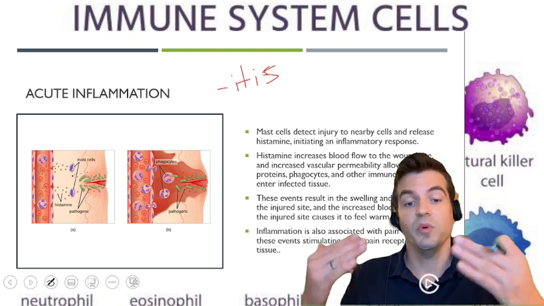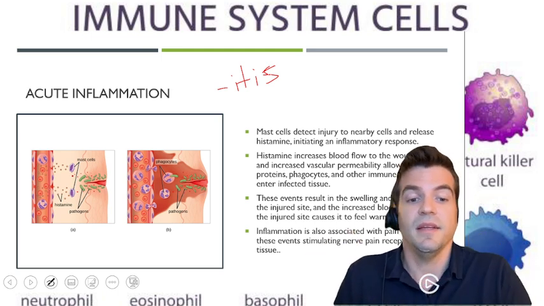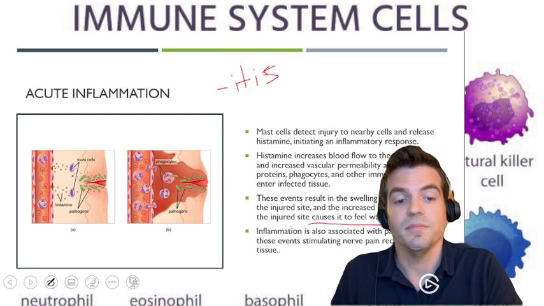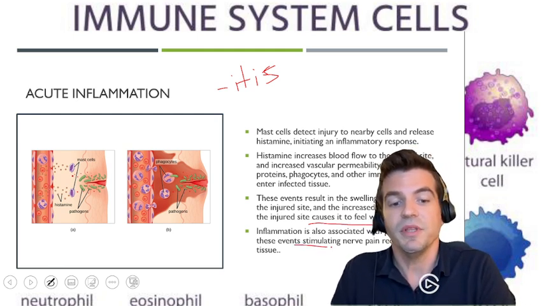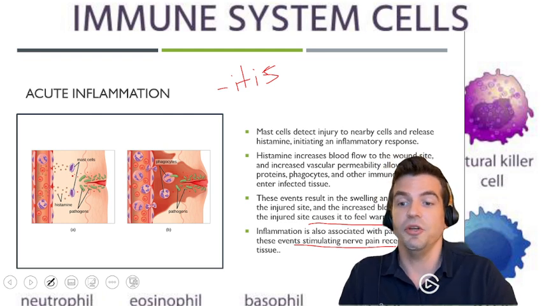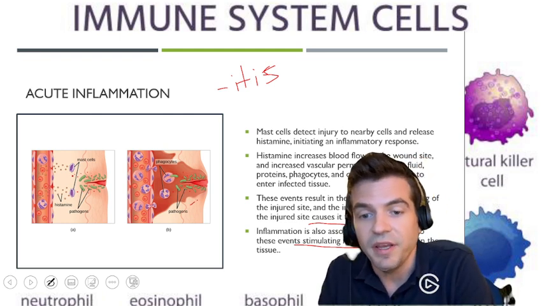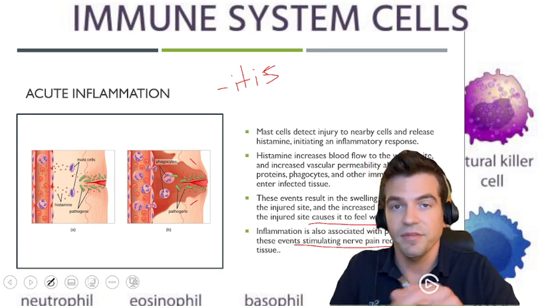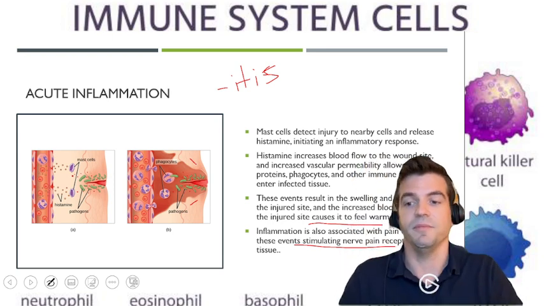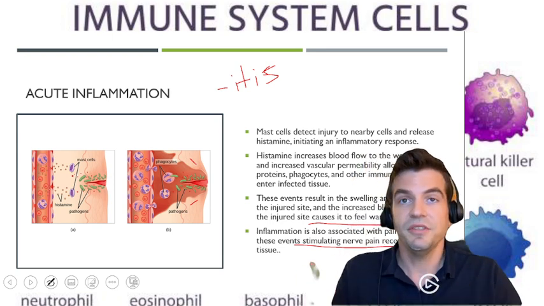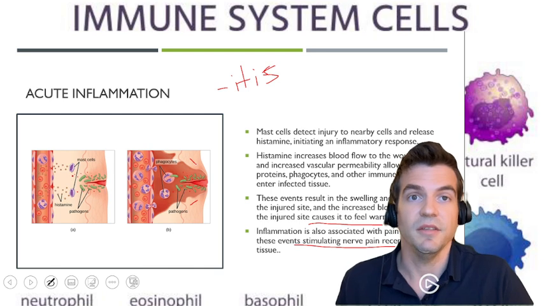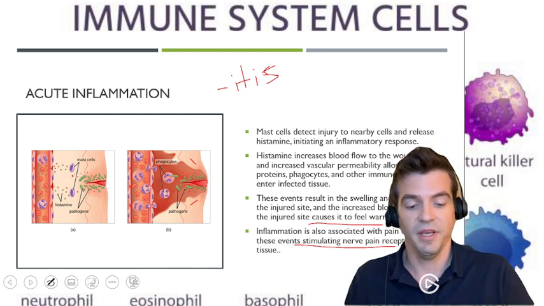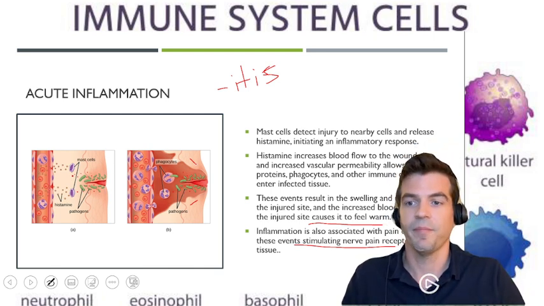It will also swell it up a little bit, and it causes it to feel warm, okay? And so the inflammation is associated with these events, stimulating the nerves that are nearby and in here too, right? Because we have nice nerves on our skin as well. Okay, so we've increased blood flow, we've increased sensitivity, and now our blood cells will get to it and start attacking those pathogens. Okay, we don't want them to get us sick.